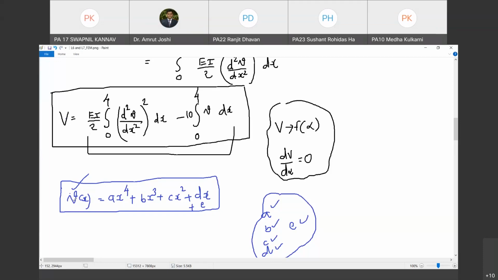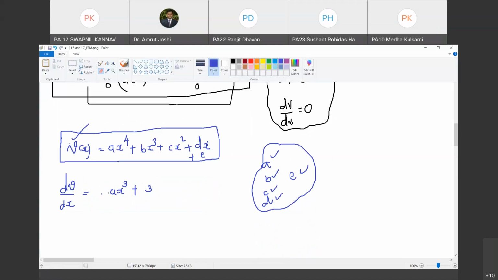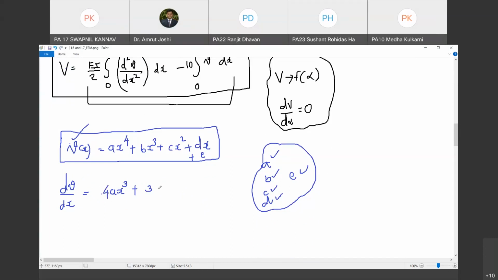Okay. Now, if I express v of x in this fashion, can you tell me the value of dv by dx? Won't it be 4a x cube plus 3b x square plus 2c x plus d?